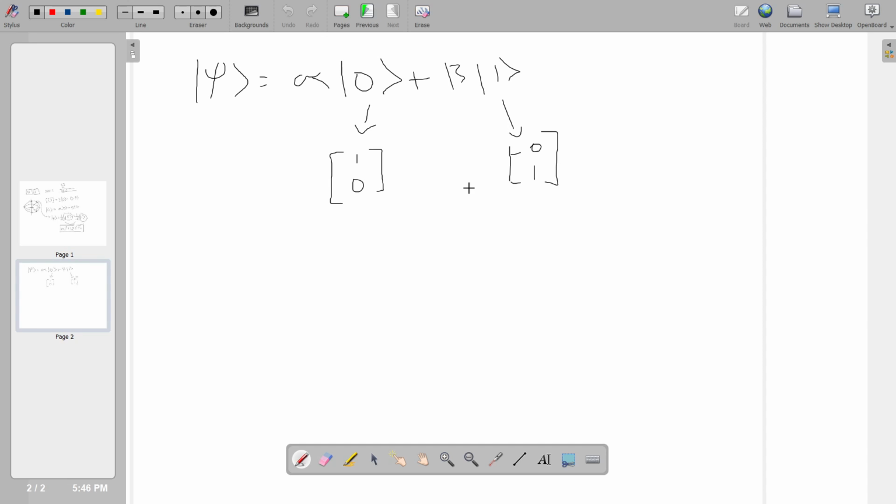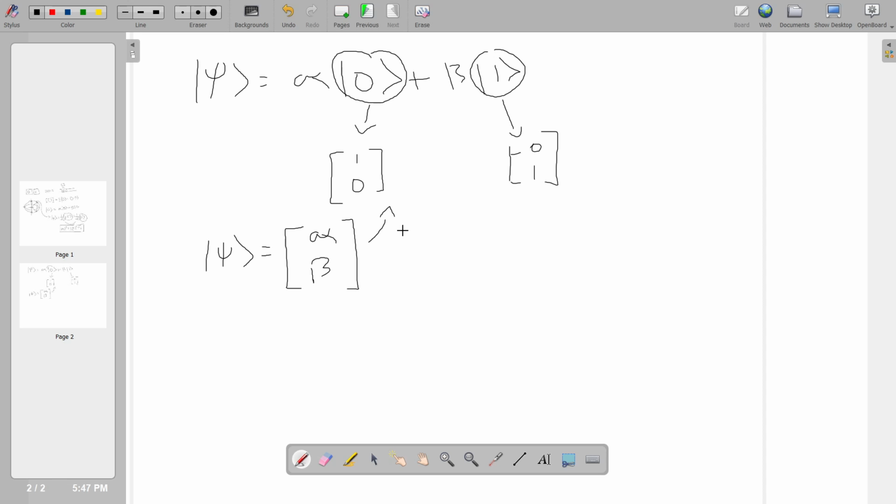From this, we can also represent this wave function just as the vector of the coefficients. So we have a more compact representation of the same thing. These two are exactly the same. But you'll commonly see this just because it's convenient to understand this as up, down, 0, 1.